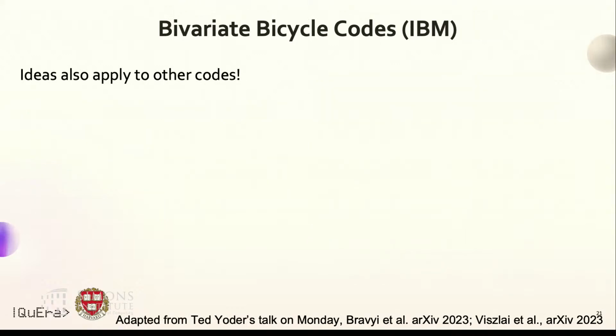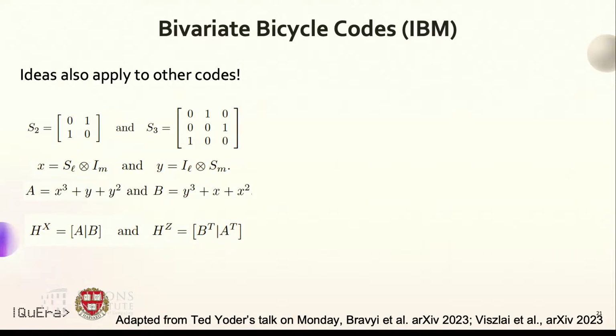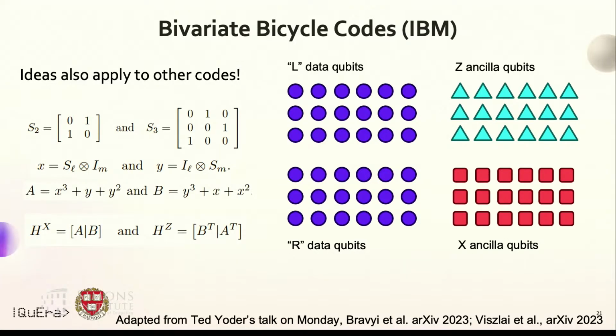I also want to mention that this is not the only natural family that you can try to implement. In the bivariate bicycle code construction from IBM that we heard from Ted earlier this week, I won't go into the details of the construction again. I'll just quickly illustrate at a higher level what you need to do.